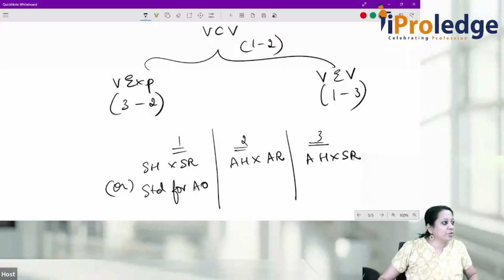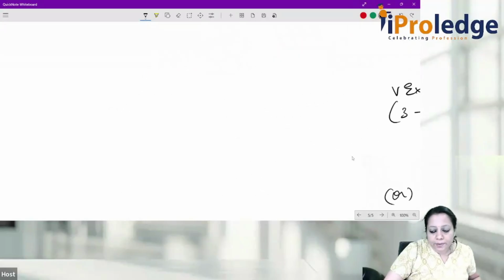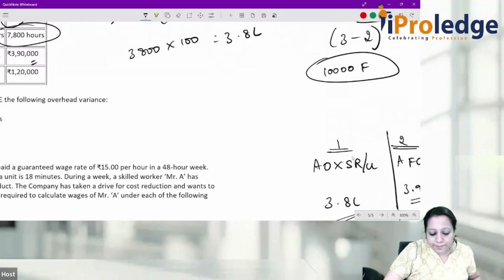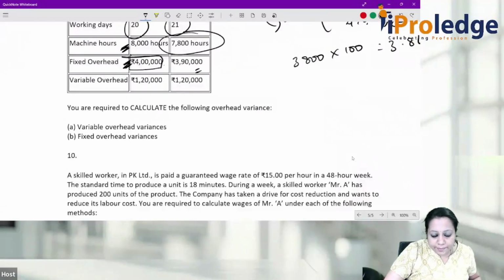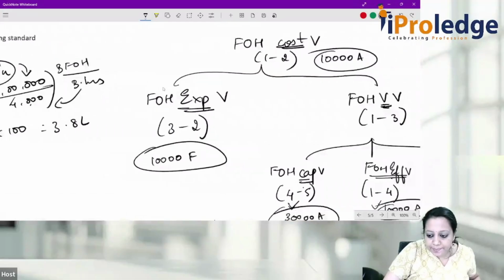So accordingly, you should choose what you have to do. Got it? So actual output is 3,800, first line of the table. Understood?